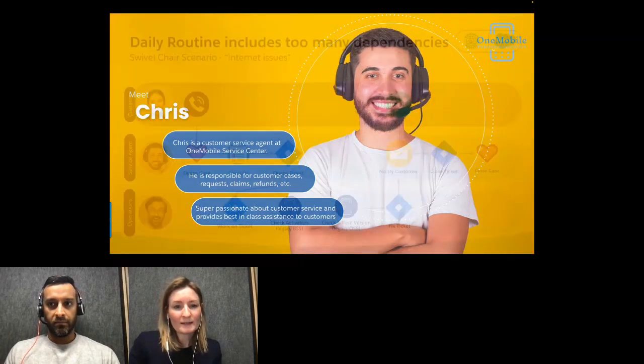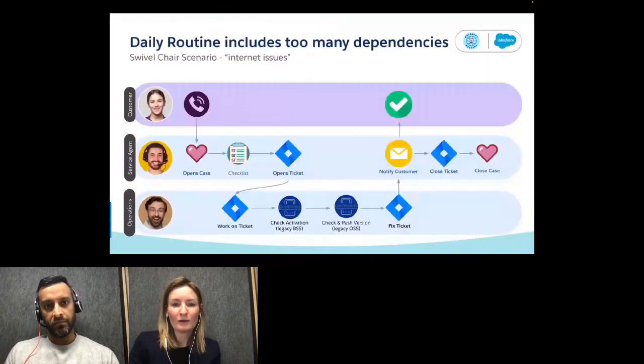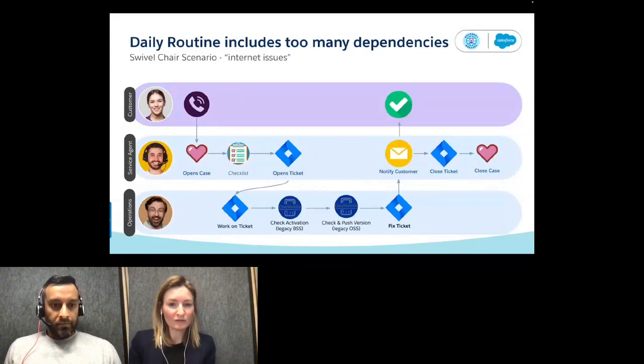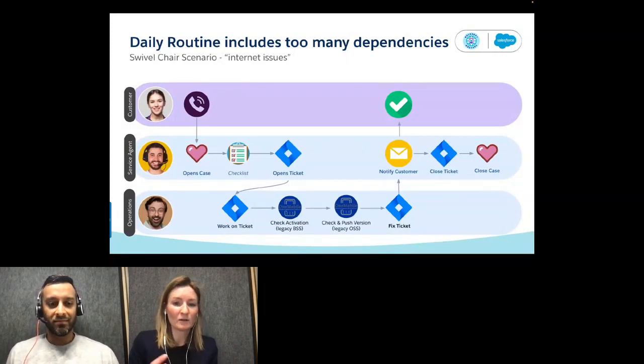If we take a closer look at how such a routine may look, we have customer Simona calling customer support of One Mobile, and Chris takes that call. First of all, there is a short authentication by Simona, with her customer data, contract ID, etc. And then the issue is presented to Chris.